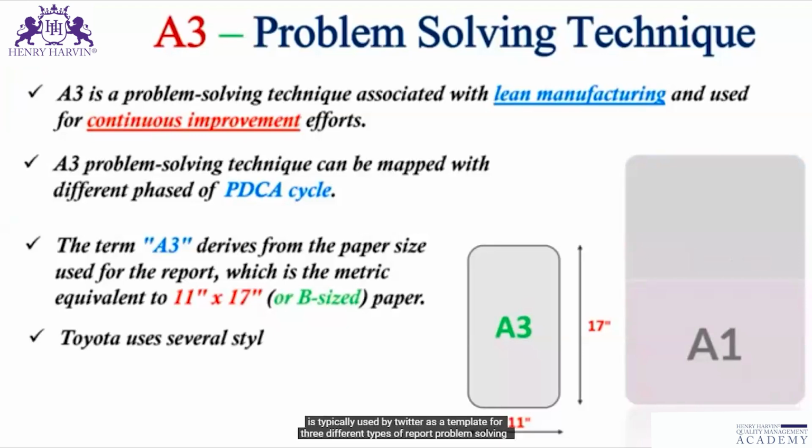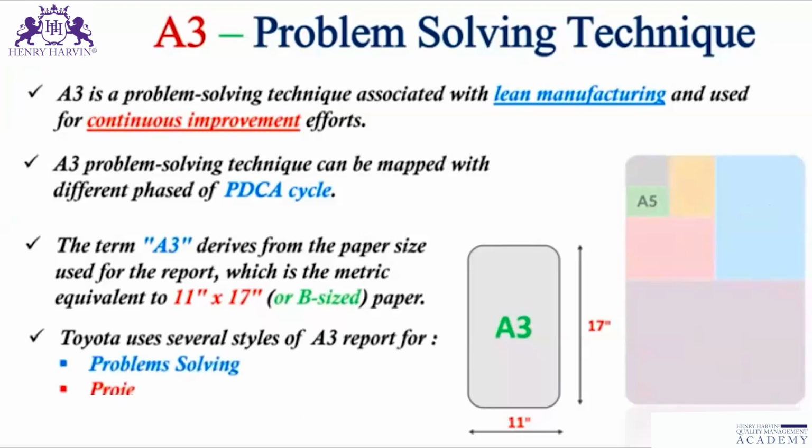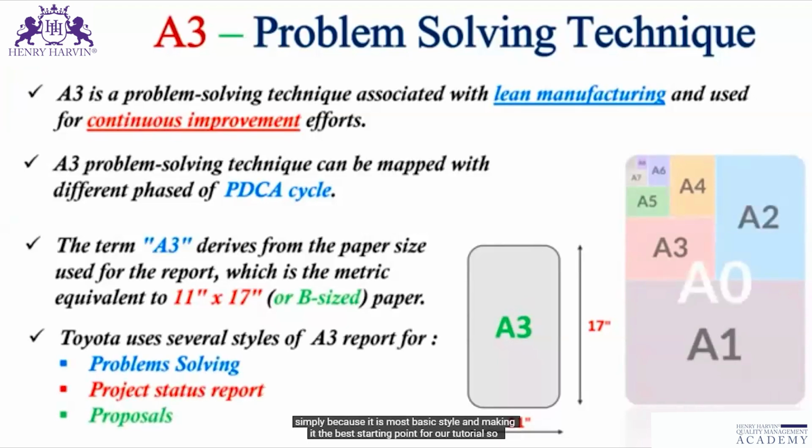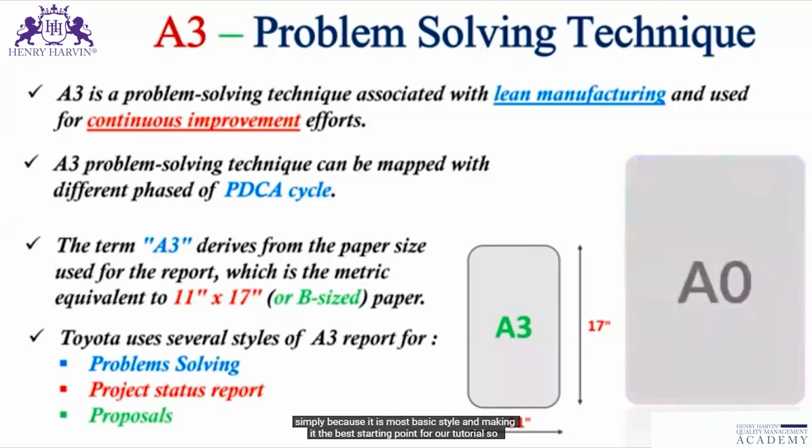A3 format is typically used by Toyota as a template for three different types of report: problem solving, project status report, and proposals. In this video, we have focused on the problem solving report simply because it is the most basic style, making it the best starting point for our tutorial.